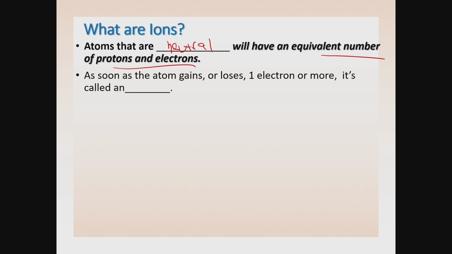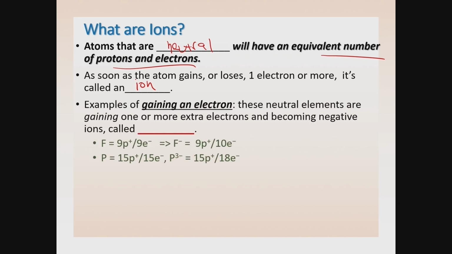As soon as an atom gains or loses one electron more, it is no longer a neutral atom. Instead, this is generally called an ion. Okay, we continue on. Let's look at some examples of where we're gaining an electron. Here we have a neutral fluorine atom. It has 9 protons and 9 electrons.